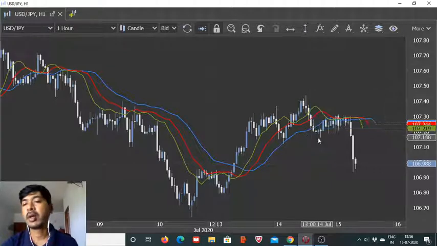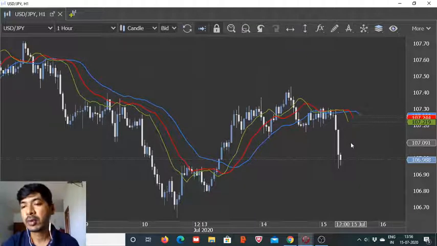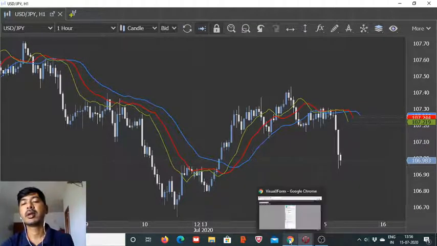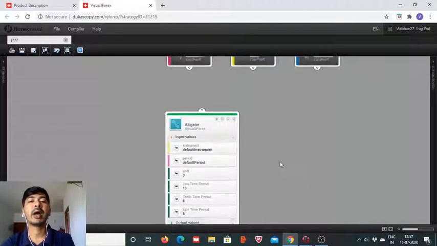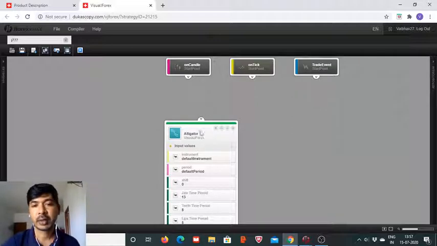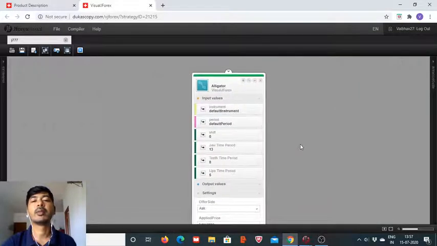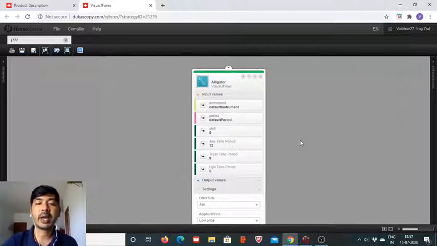Now in today's session, I would leave it here for you to experiment with it and see how this Visual JForex platform can be utilized in a robust manner to help you build an algorithm while using the alligator indicator. I hope you will do the experimentation, try out different combinations, and then see which one is more profitable and which one is not.